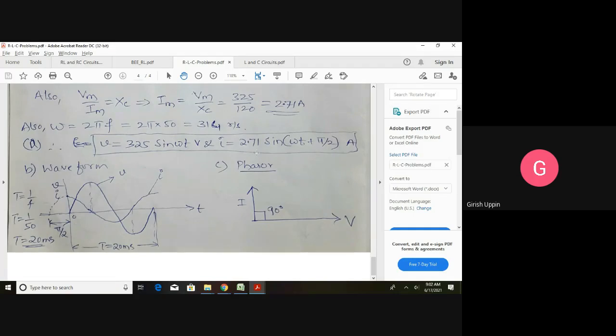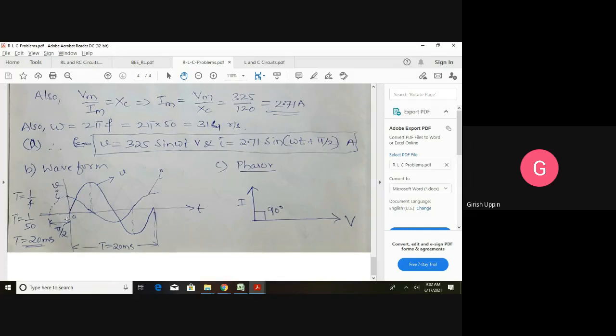Then current will lead. How you can imagine is, actually this is pi by 2. Voltage has started here. If you complete this cycle, it gives a feeling that the current had started before pi by 2, because whenever voltage is applied, the current would be maximum.